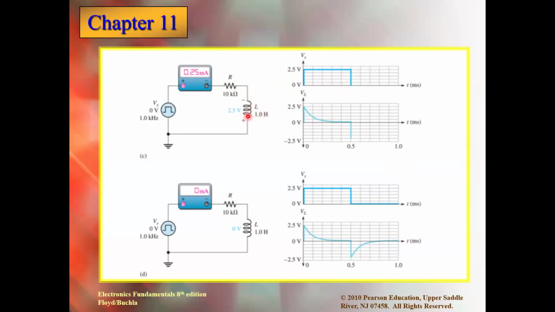But with time its resistance keeps decreasing, which is why the current keeps increasing. So when the resistance keeps decreasing, the voltage also keeps decreasing, and it reaches zero when the current reaches its maximum, the highest at this time.